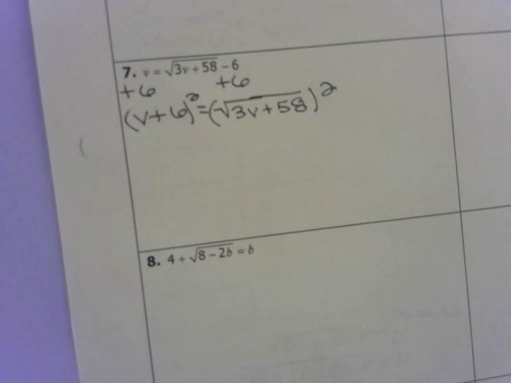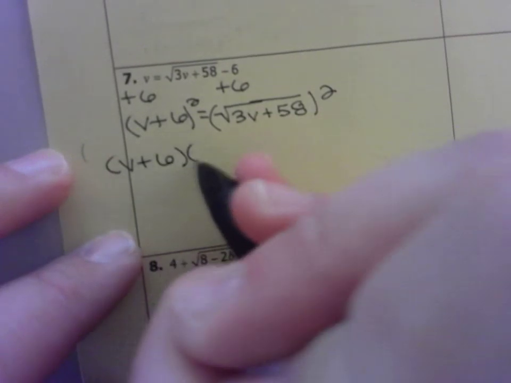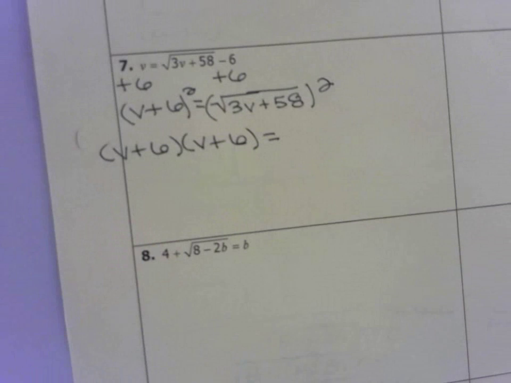You have to FOIL. Remember, v plus 6 squared, we've talked about this before. Squaring a binomial, you can't distribute the exponent, so you have to write it as multiplying it by itself. V plus 6 times v plus 6. We talked about that when we did multiplying radicals last week.